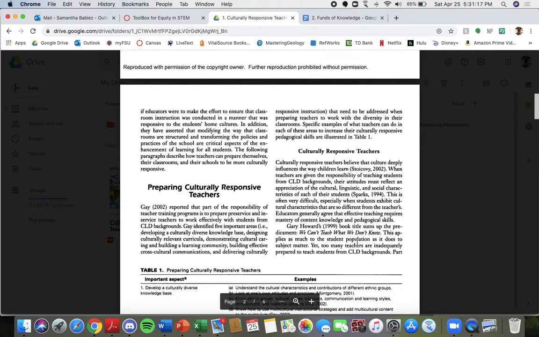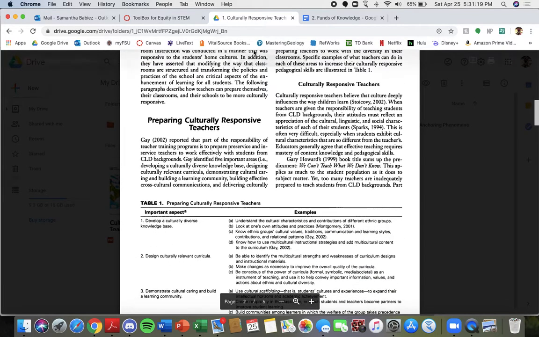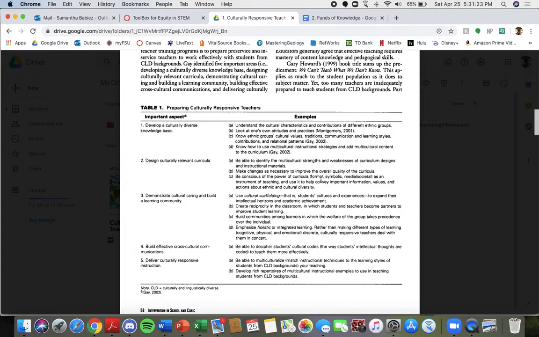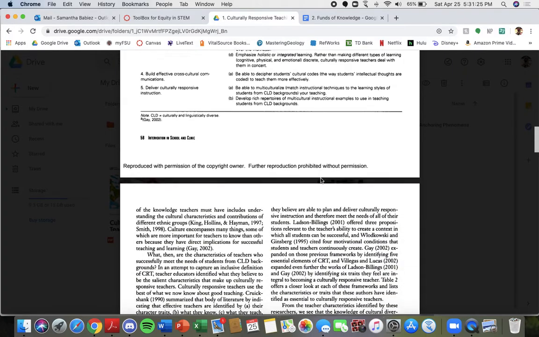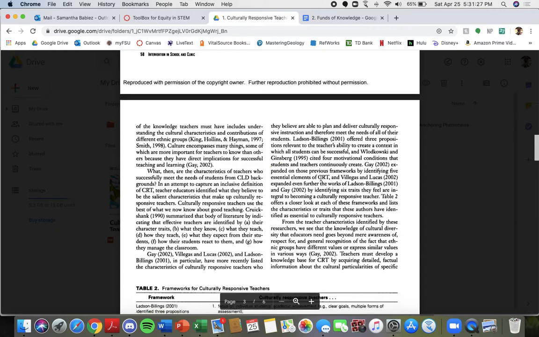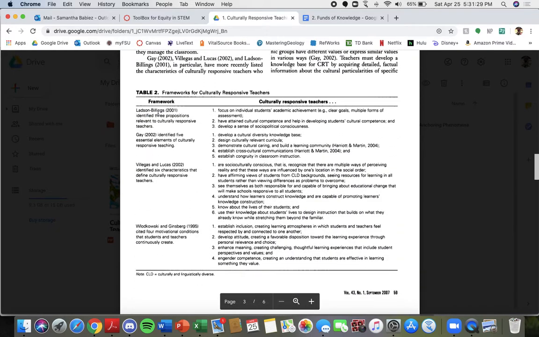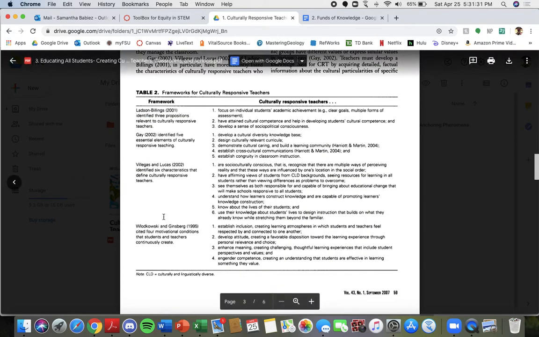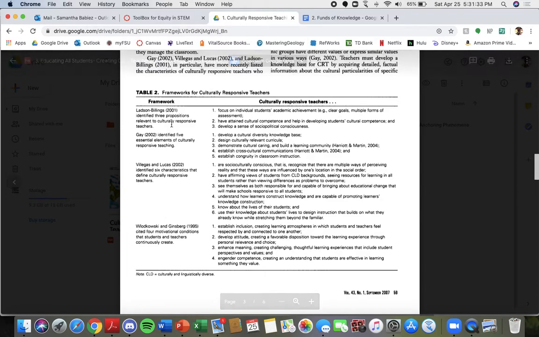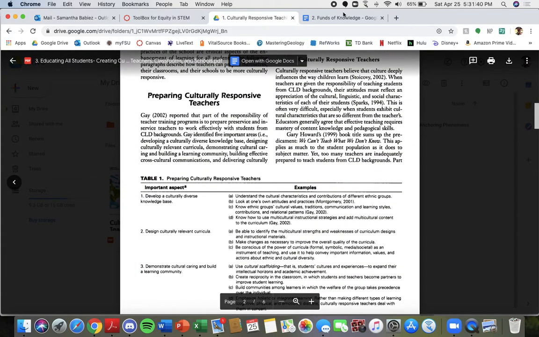And so this just talks more about how to prepare yourself to be a culturally responsive teacher, and it also gives a list of strategies and then some other people that have written on this topic that you can go and take a look at what they have to say about culturally responsive teaching. Okay.